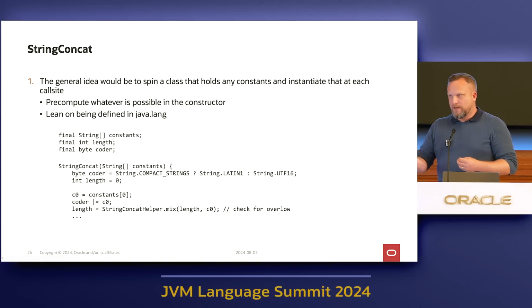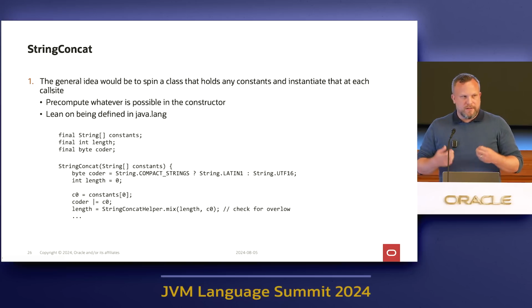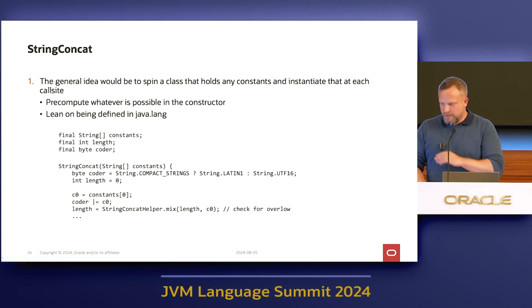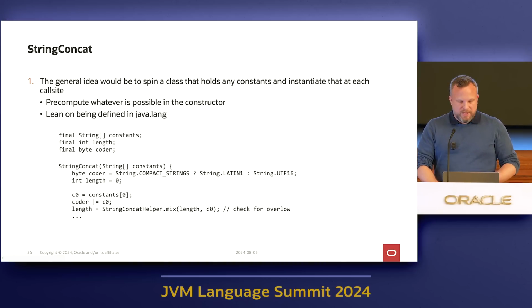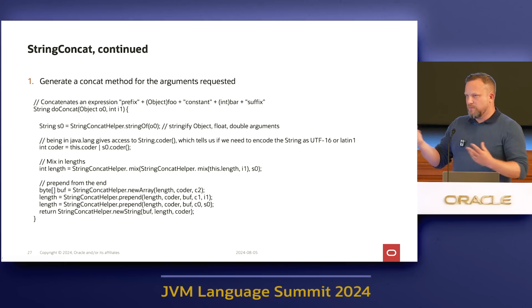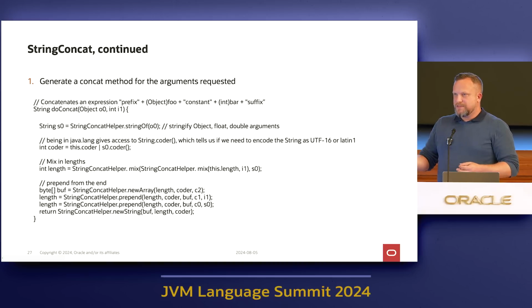We pre-calculate at the bootstrap time which initial length, which initial coder based on the constants and all that. So we put that in a constructor, allocate that object, and have a doConcat or whatever method to take the arguments for the concatenation.